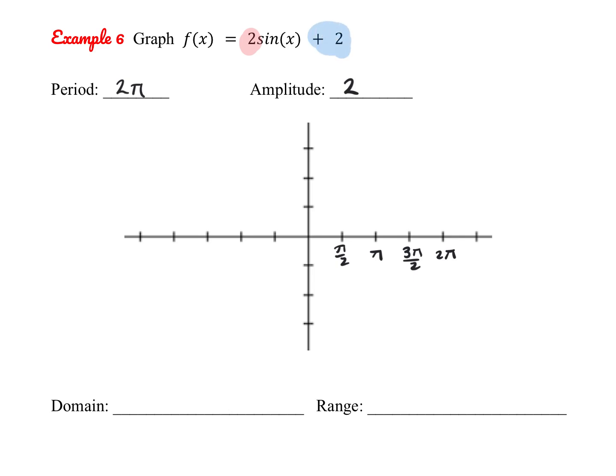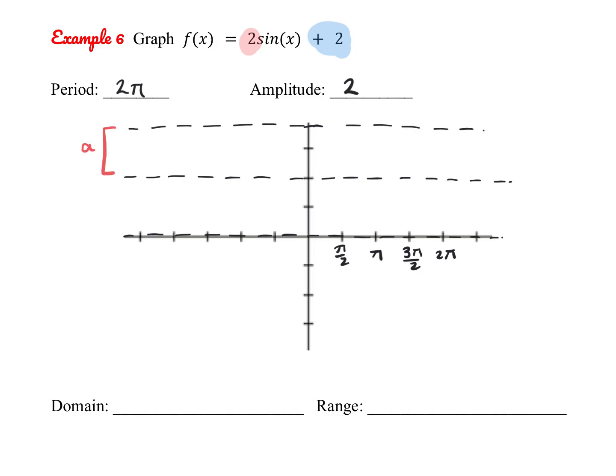So I'm going to draw in the shift first. So my midline is now going to be at y equals 2. And from the midline, I'm now going to go up 2 units to place my maximum, and down 2 units to place the minimum. So this distance here is whatever the A value is, but you need to start with the midline.